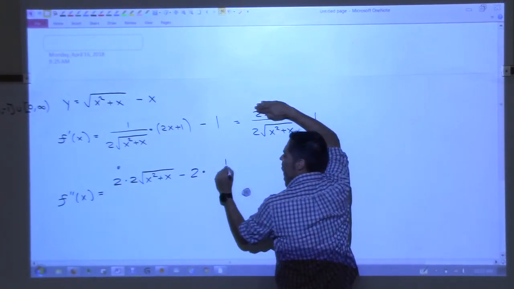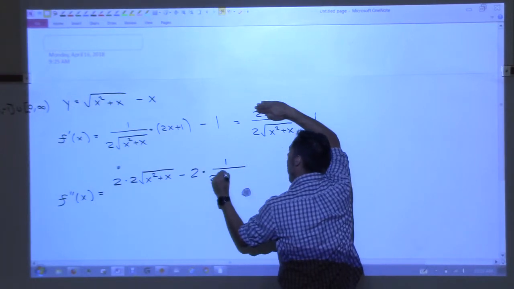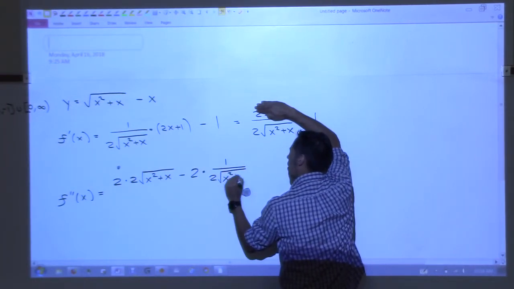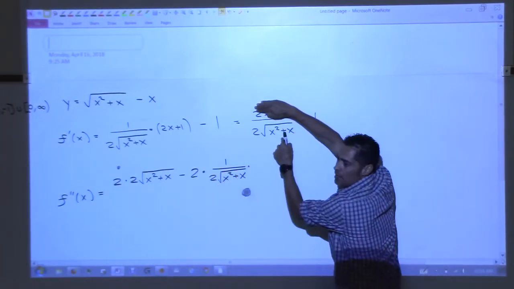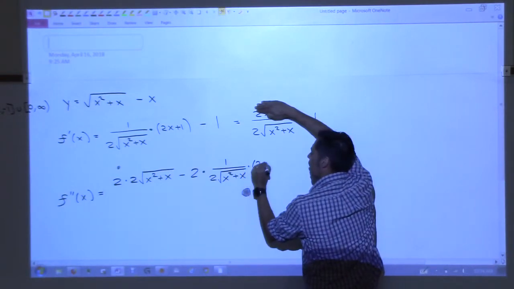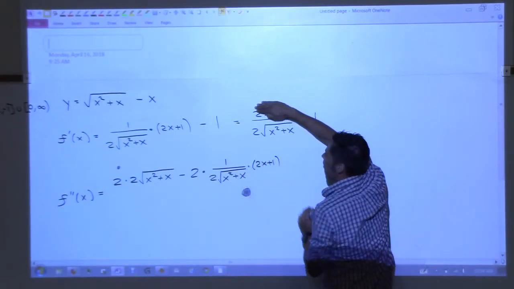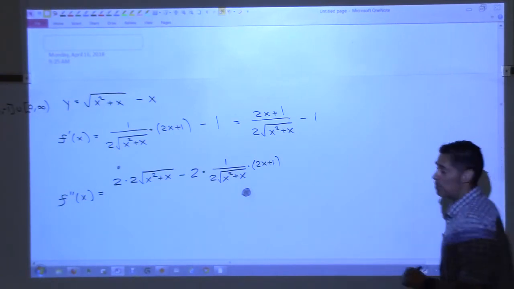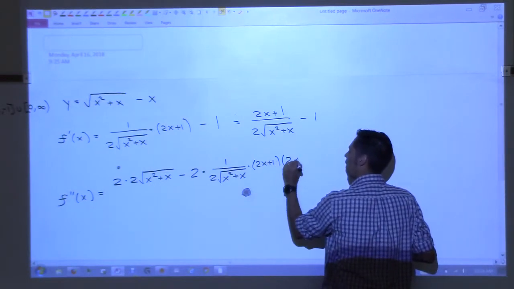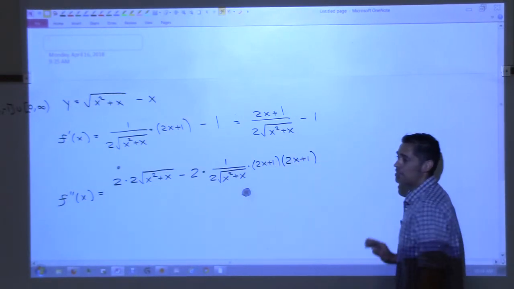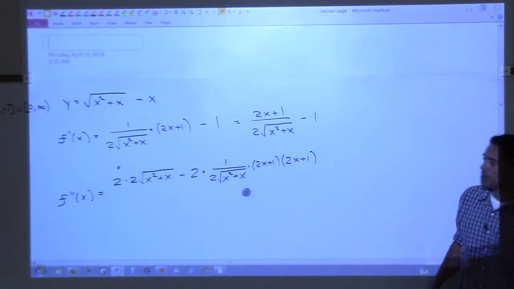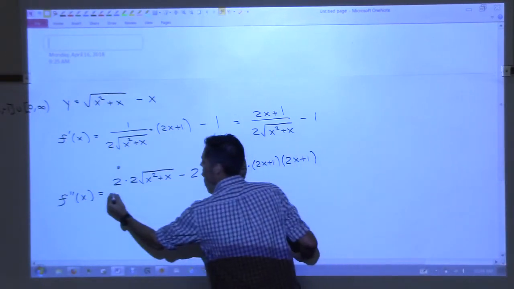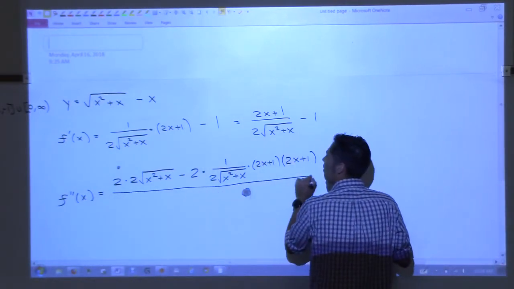Derivative of the root of something is 1 over 2 roots of that something times the derivative of what's in here, 2x plus 1 again, but then times what? The 2x plus 1 again. All right, that's just the top. That's all over the bottom squared.